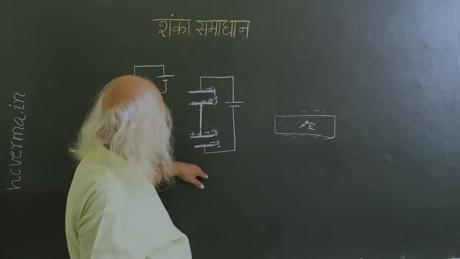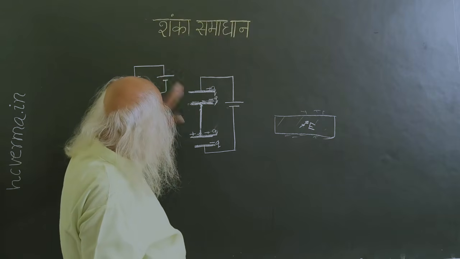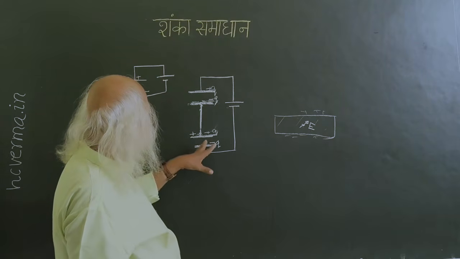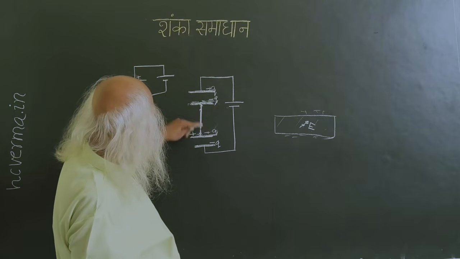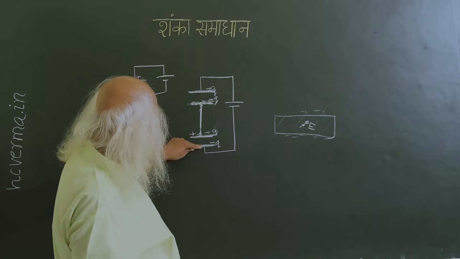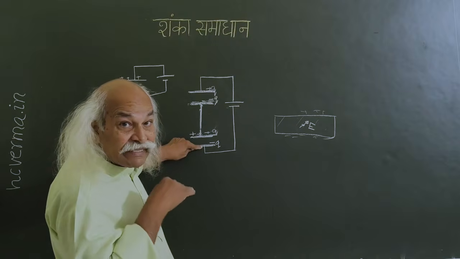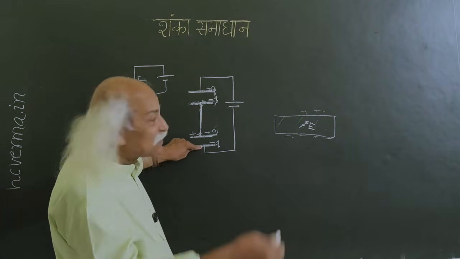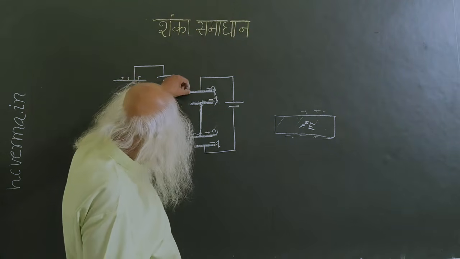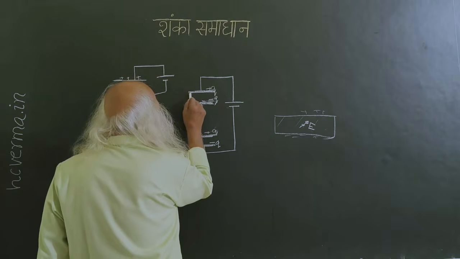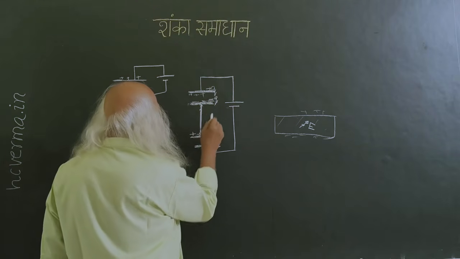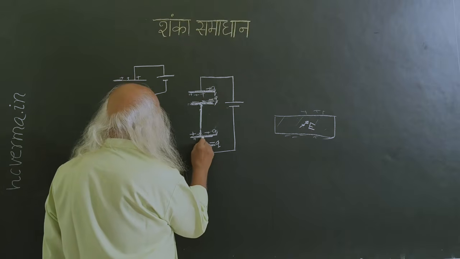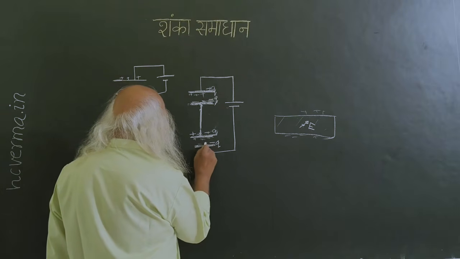Now in this configuration, you take any point anywhere in any of the plates. Remember, all these charges are on the inner surface, not on the outer surface. This plus Q is actually here, and this minus Q is actually here. Similarly here, this plus Q is actually here and minus Q is here.